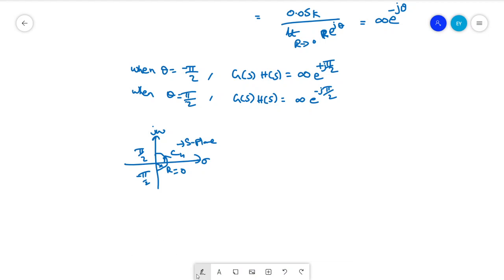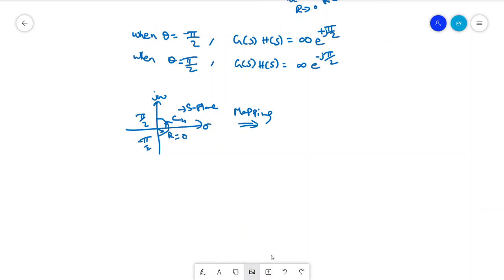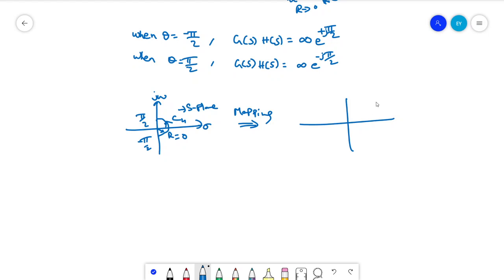If you are mapping, how does it become? With the infinite radius, right?